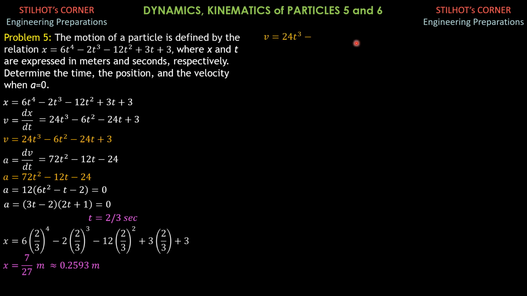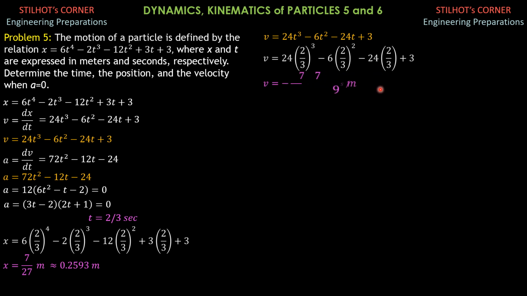Then for the velocity, we substitute t is 2/3 into this formula. So v equals 24t cubed minus 6t squared minus 24t plus 3. T is 2/3, so v is 24 times 2/3 cubed minus 6 times 2/3 quantity squared minus 24 times 2/3 plus 3.